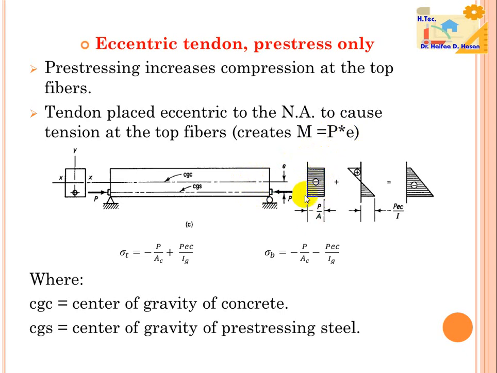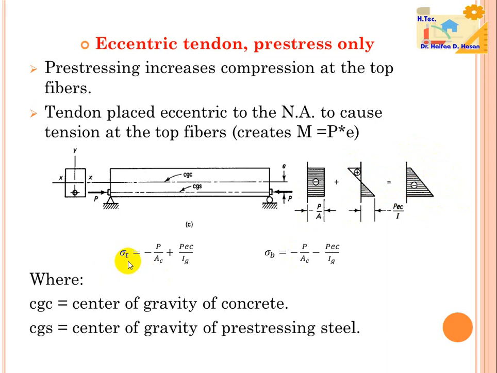Here we can see the stresses due to prestress only, and here the stresses due to transferring the prestressing to the center line of concrete. In this shape we can see the result of summing the two stresses.